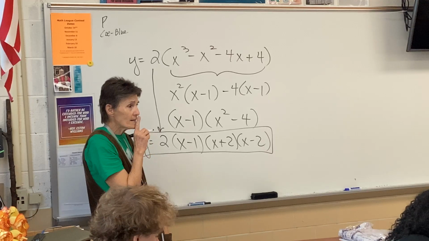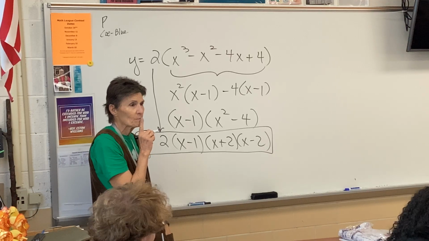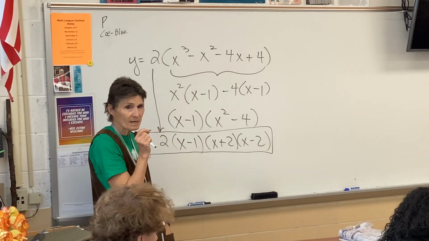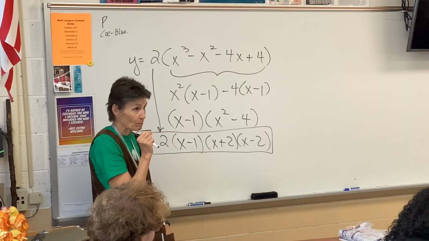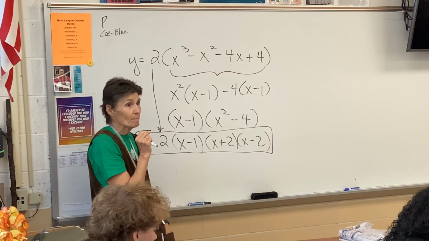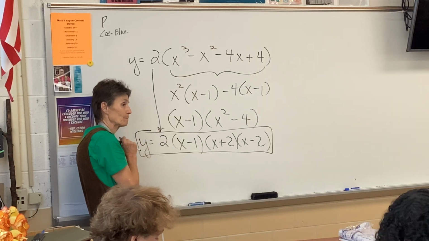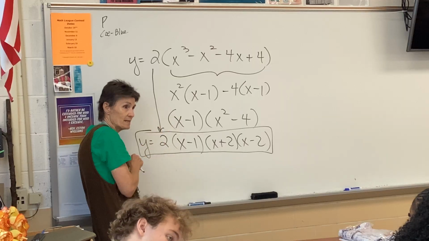Now, do I need to worry about that 2 though when I am graphing? The only time I would have to worry about him is if he were negative. Then I'd have to pay attention to it, right? But since he's a positive 2, he's just there. That's that A number that we were finding earlier.